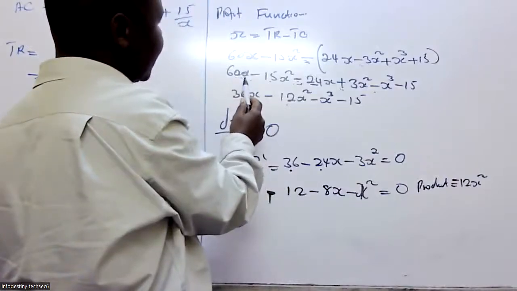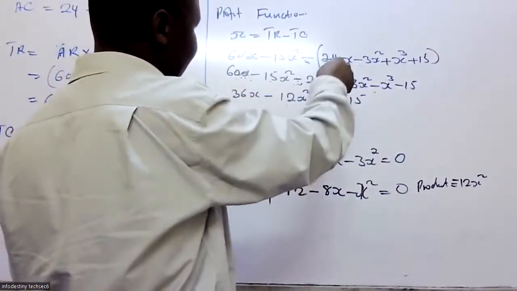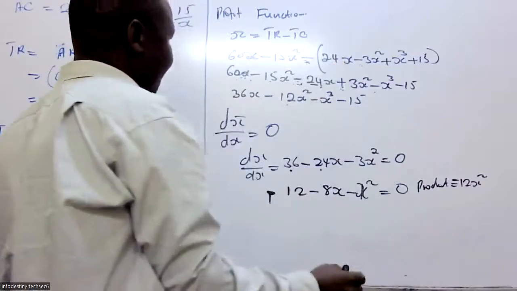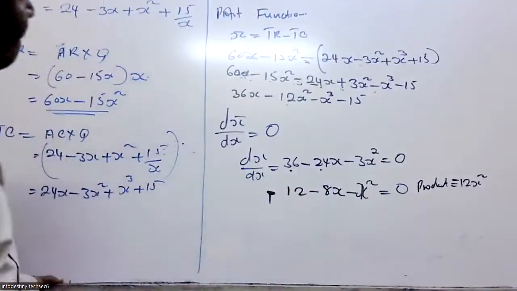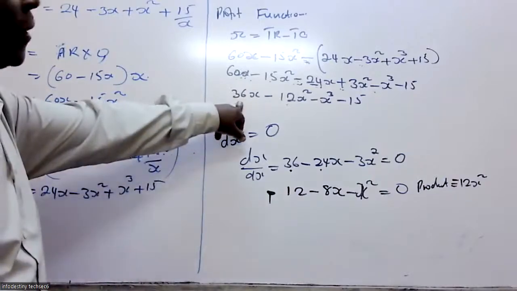This is 60x, and 24 to give us positive, which is 36.